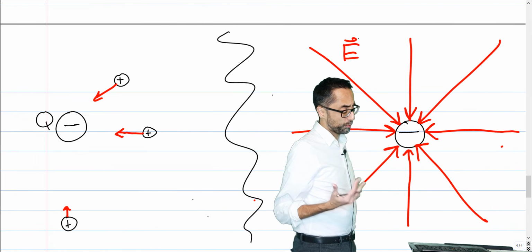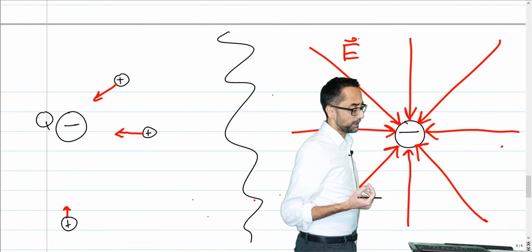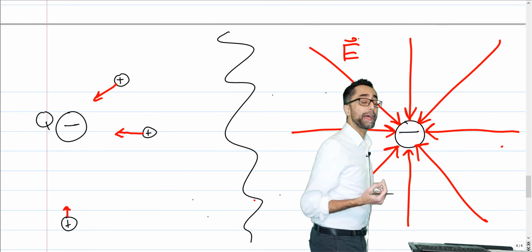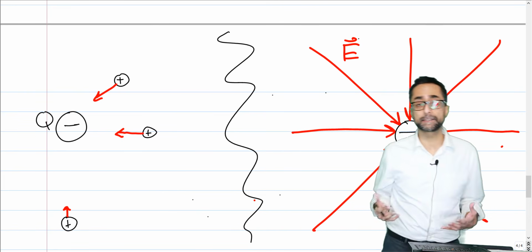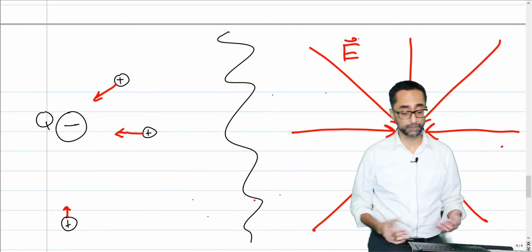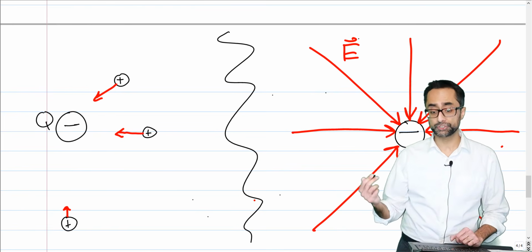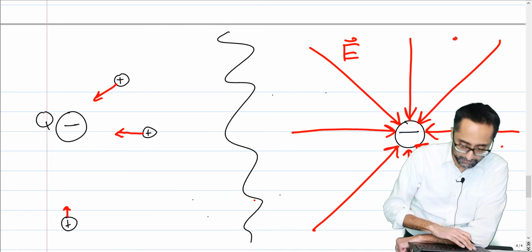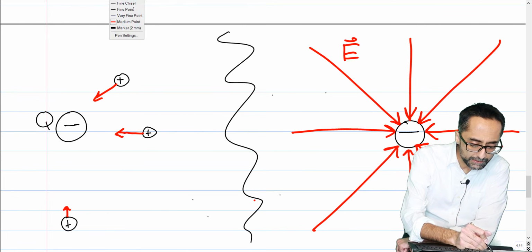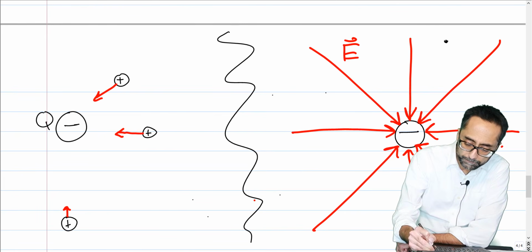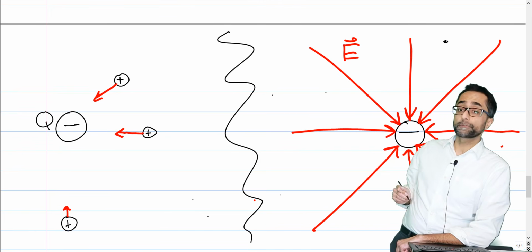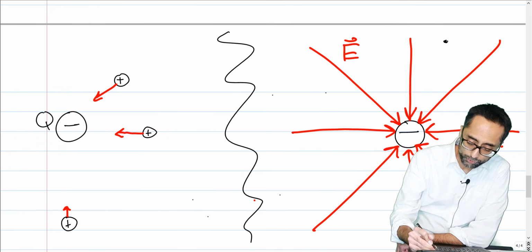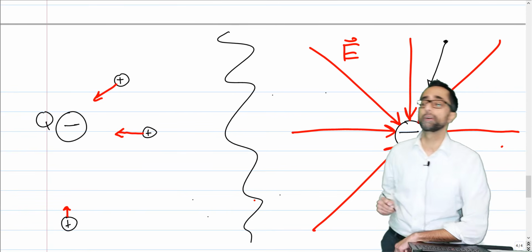And we can also look at any individual place. If you weren't trying to draw the electric field of every place, and you just take, say, a random spot, let's say this one up here, its electric field direction at that spot would be towards the negative, like so.